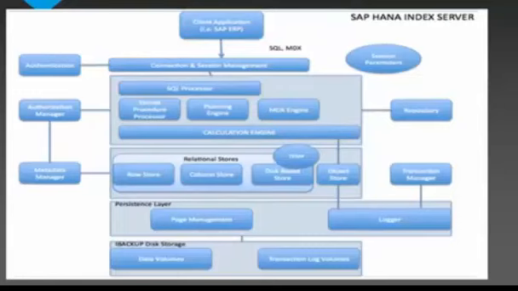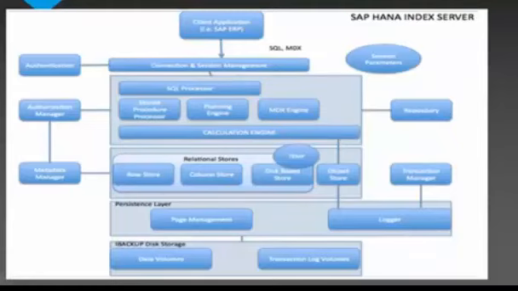To achieve this in an efficient way, this persistence layer uses a combination of write ahead logs, shadow paging and save points. It also offers interfaces for writing and reading data, and it contains SAP HANA's loggers that manage the transaction log. So that's the purpose of the persistence layer.